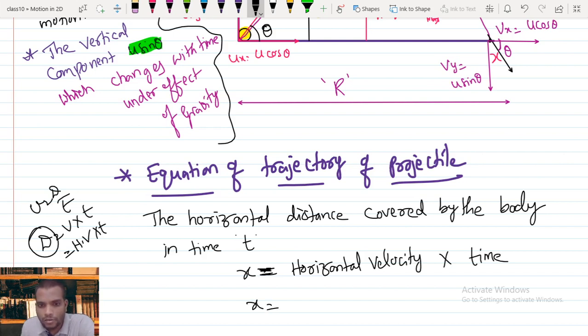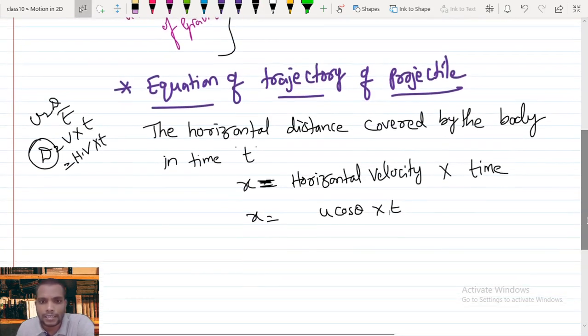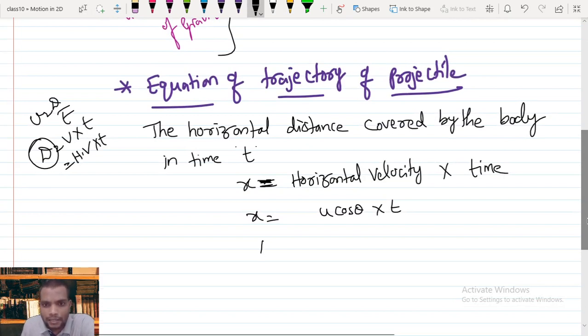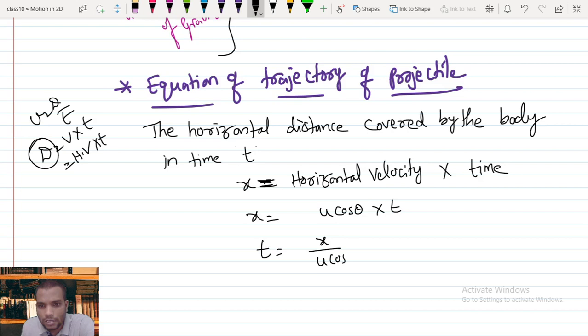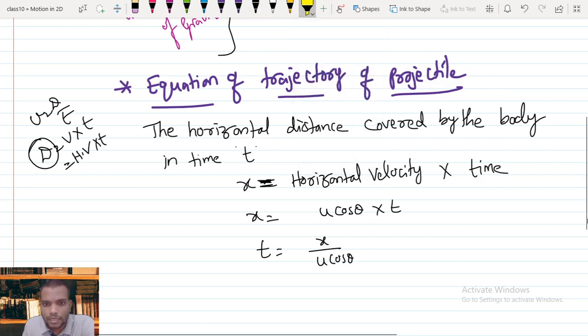We know that horizontal velocity is u cos theta, so x equals u cos theta times t. From this I need the time t: t equals x upon u cos theta. I will make use of this equation ahead.